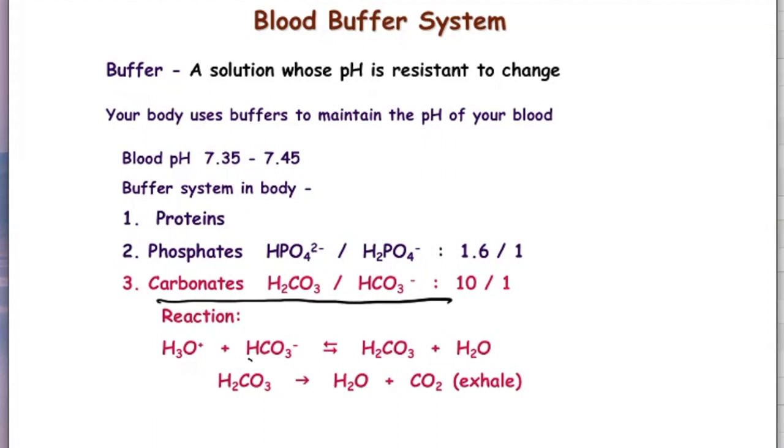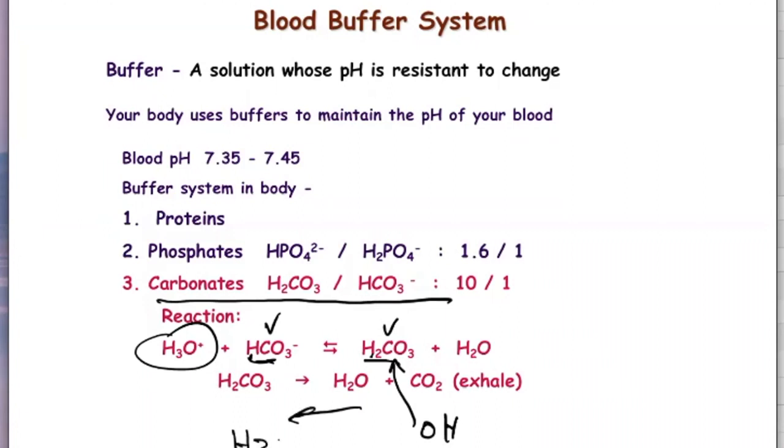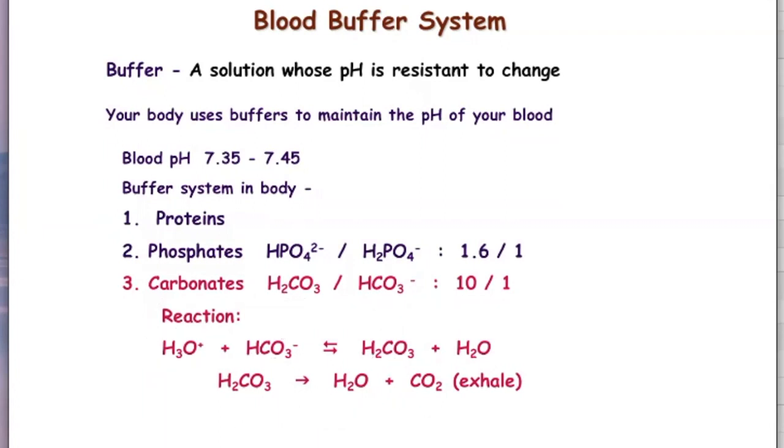If we have too much acid in our body, it reacts with bicarbonate to form carbonic acid. If we have too much base in our body, then carbonic acid reacts with the hydroxide to give us water and the bicarbonate ion. So it's a great chemical system that regulates the hydroxide and hydronium ion concentrations. That's basically the buffer chemicals in our body.